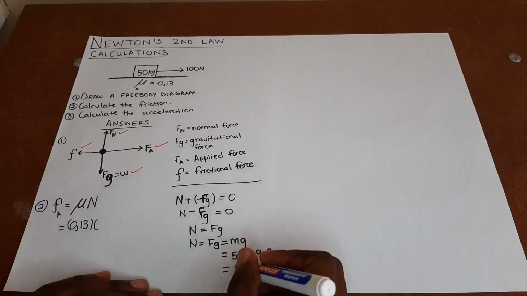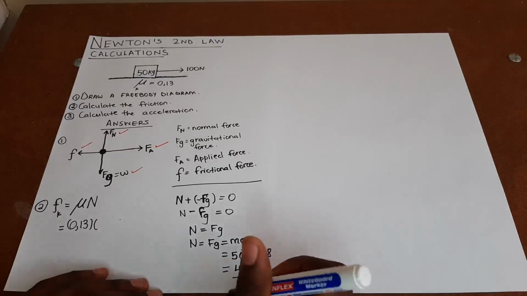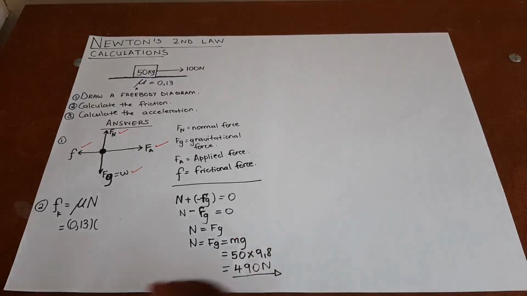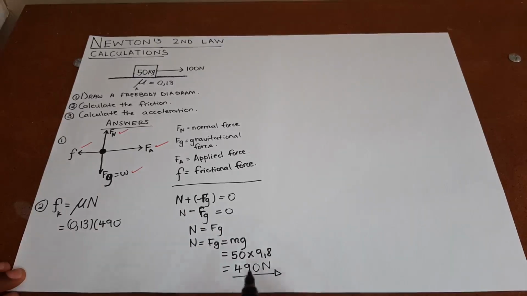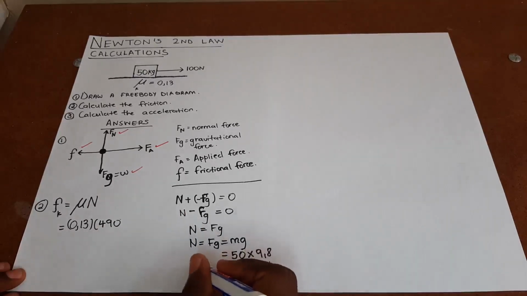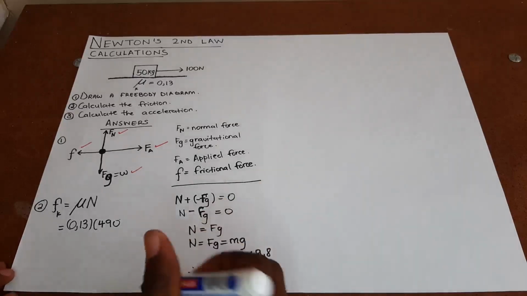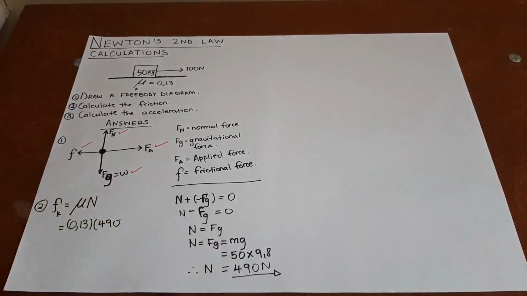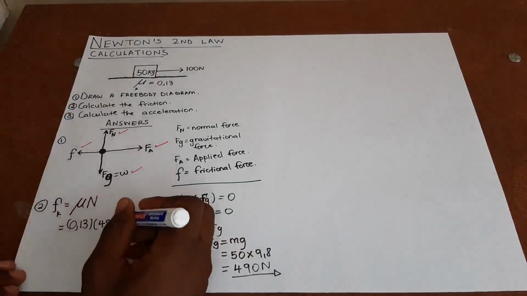So we put our 490 here because it is our normal force. Therefore your normal force is 490 newtons moving upwards, and your gravitational force is negative 490 newtons, because it's moving downwards, opposing the normal force.